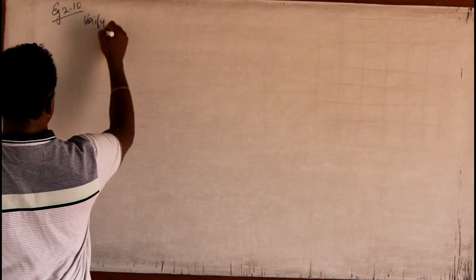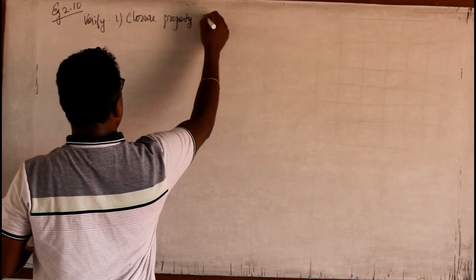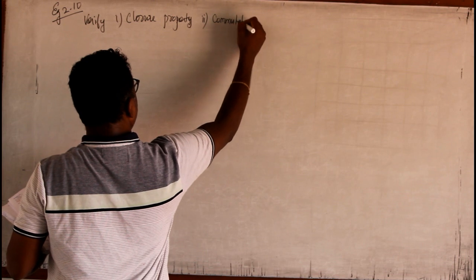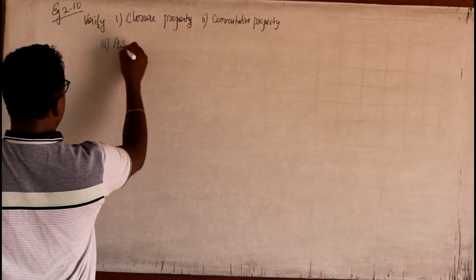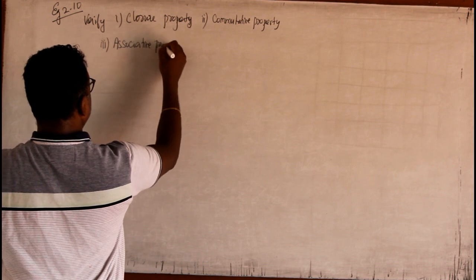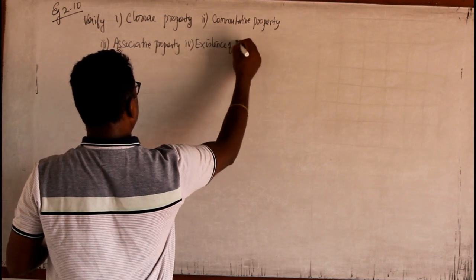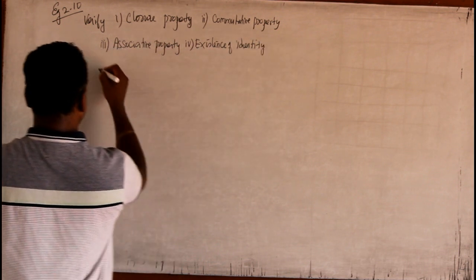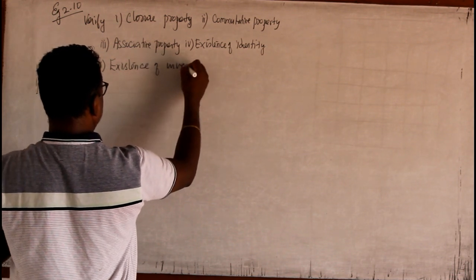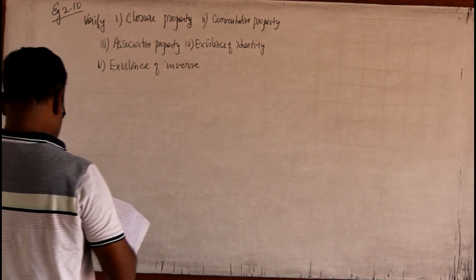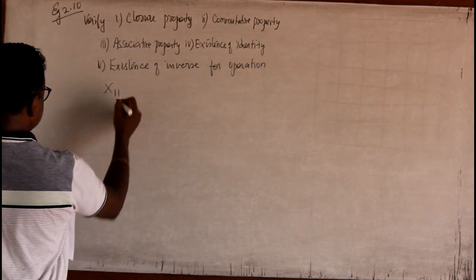Verify a similar problem. Verify closure property, commutative property, associative property, existence of identity, and existence of inverse for the operation multiplication modulo 11.